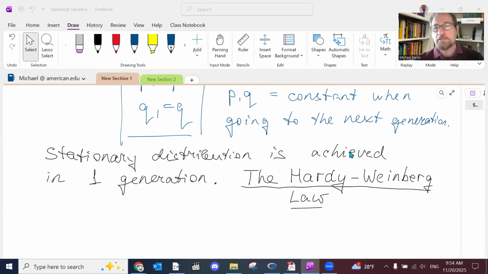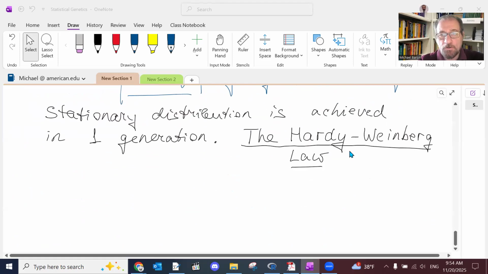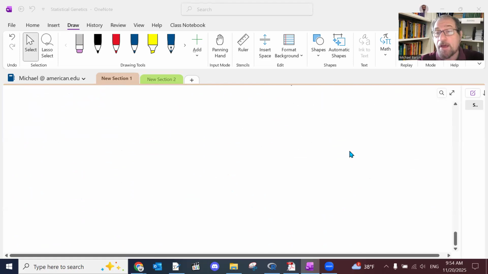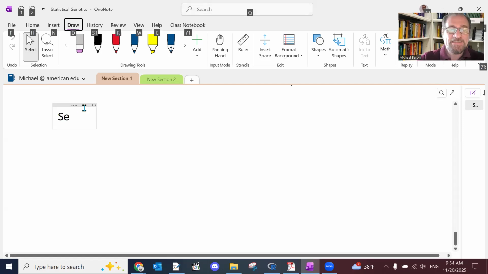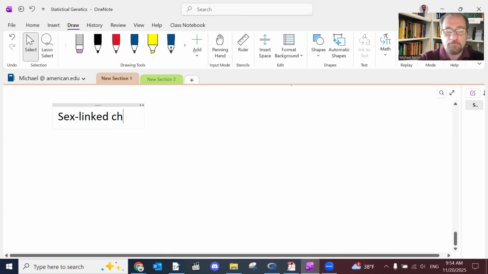Okay, this is a nice theory by Gregor Mendel, and this all works with one exception, a crucially important exception. Now we will be talking about sex-linked characters. We're talking about gametes.